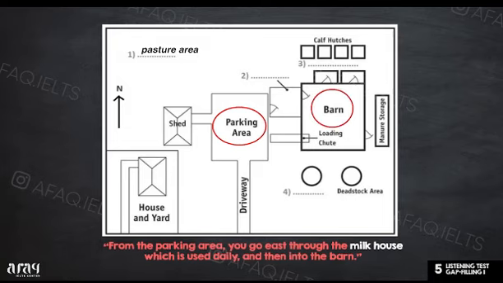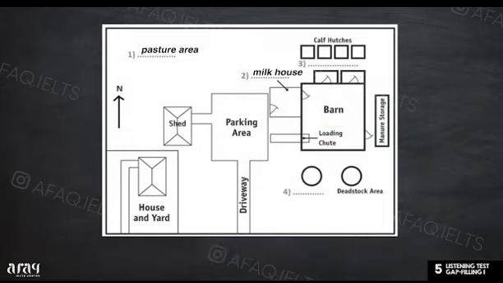So, the answer for number 2, the milk house. The speaker goes further to the east and gives you the clue about another part of the farm, which is labeled again on the map. The speaker then moves to the north and gives you the answer to number 3.